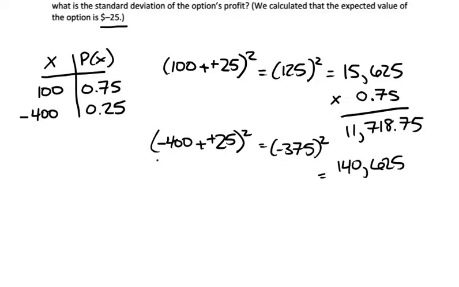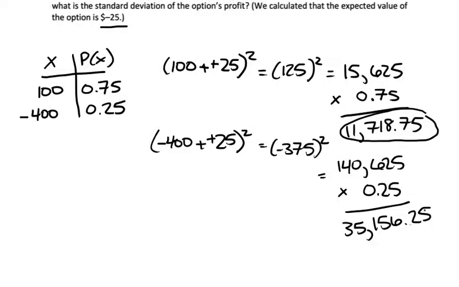And then I need to multiply by the probability for the second row of 0.25. And that's 35,156.25.